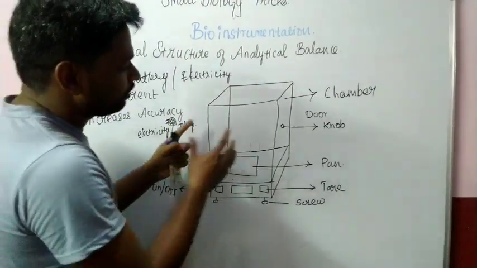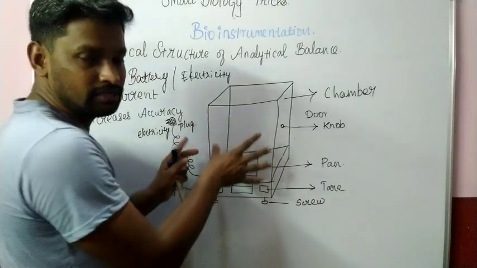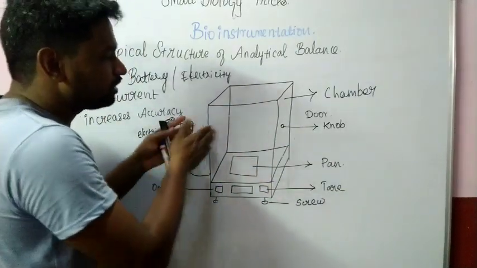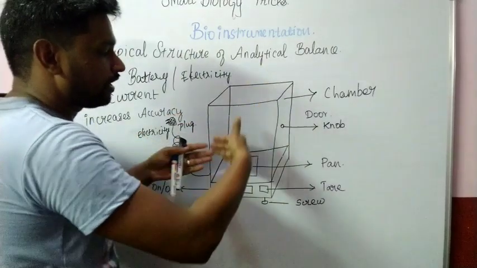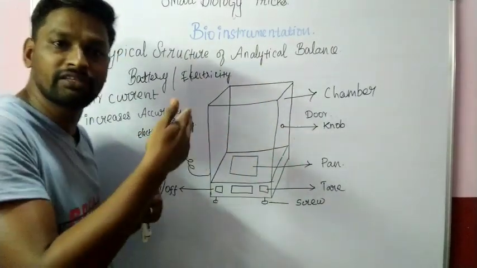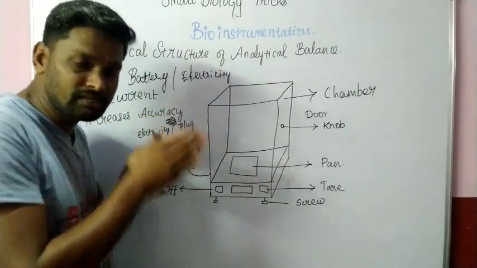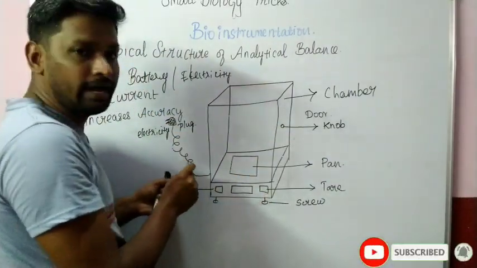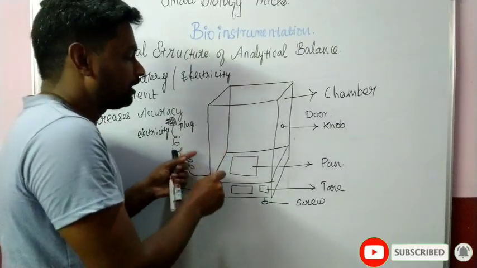The chamber is nothing but a transparent glass which contains side doors. The sides, top, front and back are all made of transparent glass. You can move the glass slide and accordingly add the sample at any side.